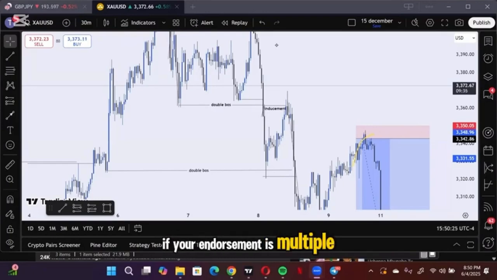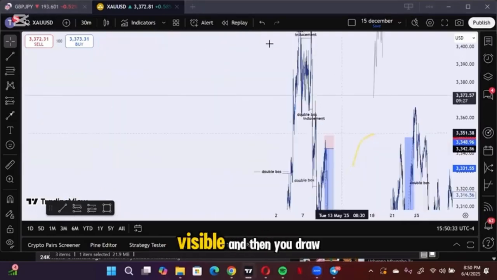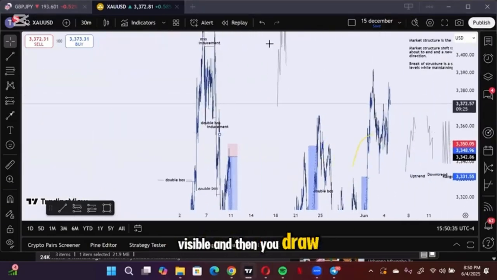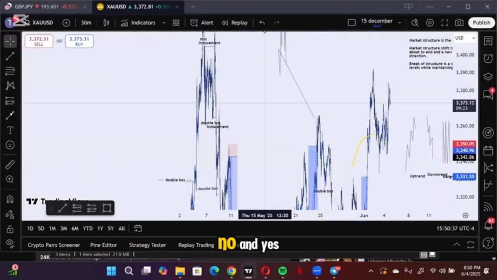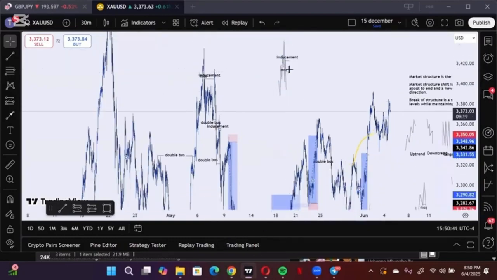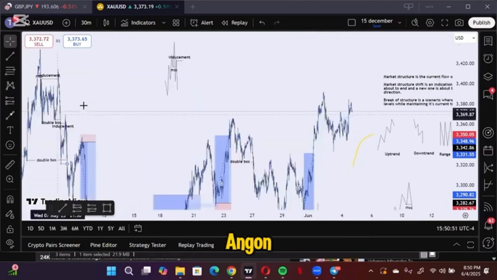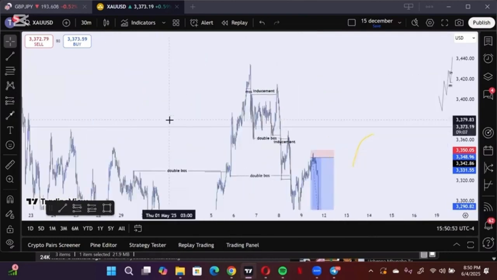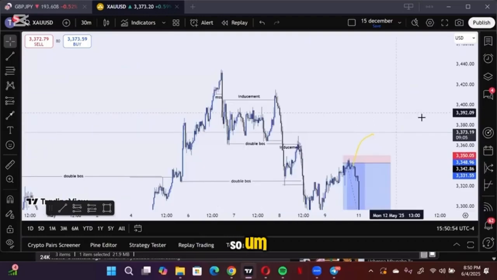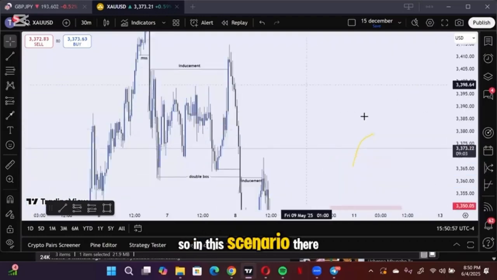If your inducement is multiple candles, just draw out all your candles. Just have to pick one candle there, the one that is most visible, and then you draw it out. So in this scenario, there are multiple candles.